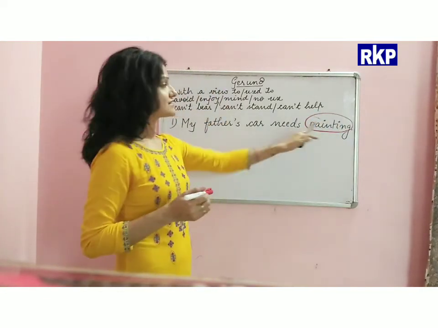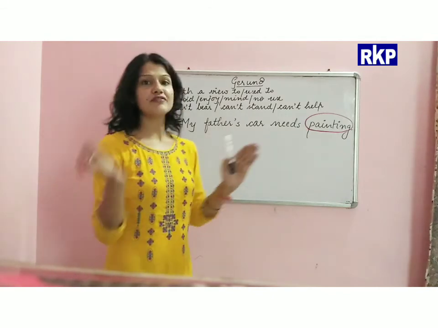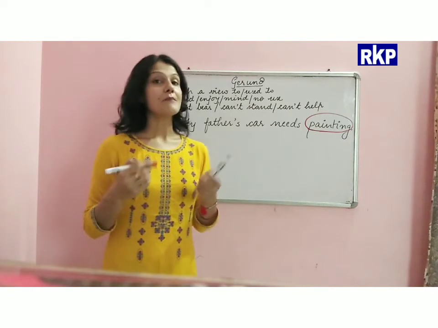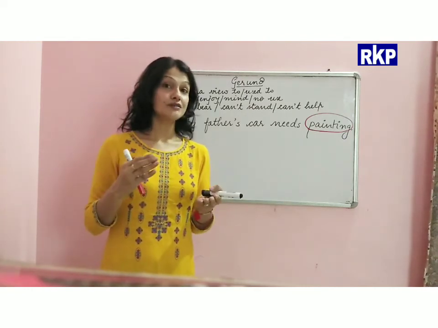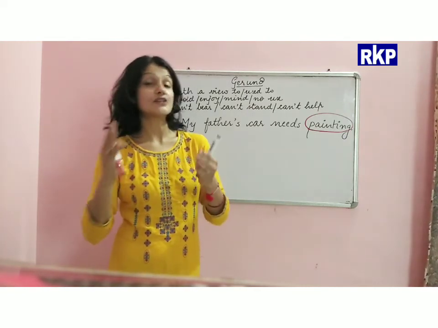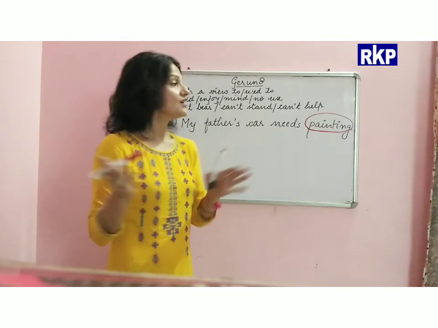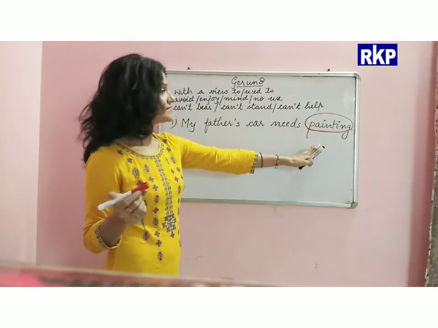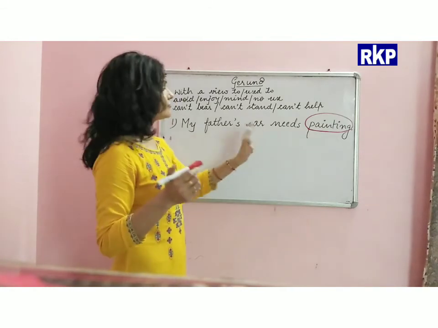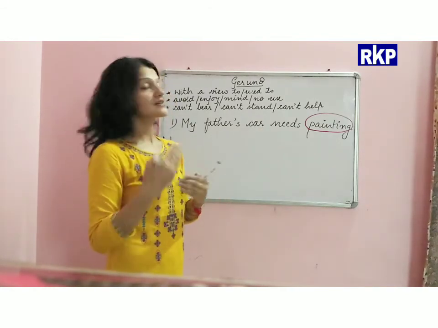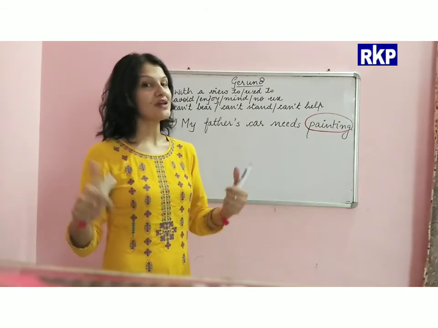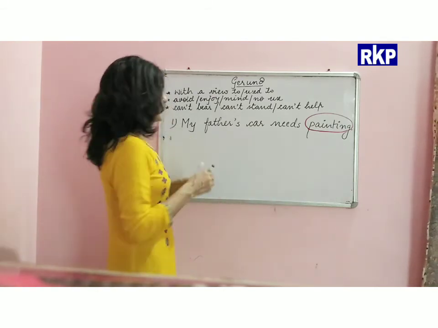If we change the sentence into active voice, it simply is that my father should get his car painted or paint his car. We can also say my father's car needs to be painted. Both are correct.